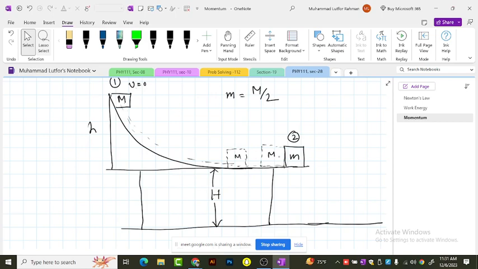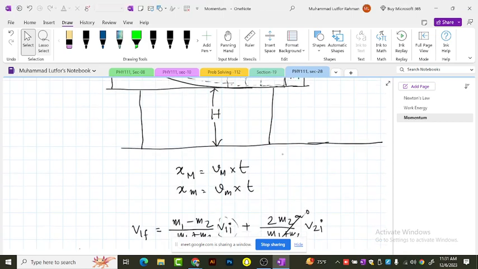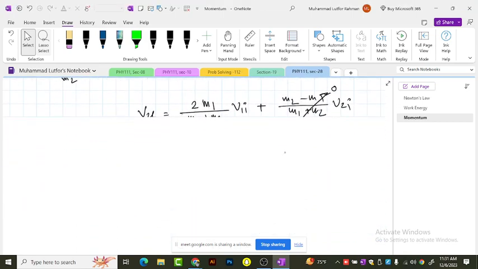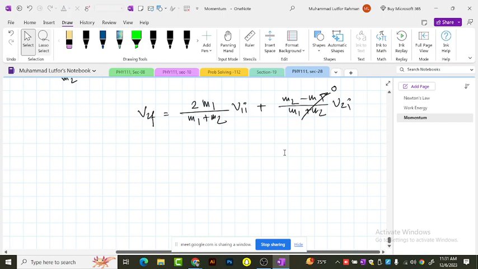Yes sir. That should be the vi, the initial velocity of the system before the impact. Meaning, sir, after coming down? Yes, exactly, because that would be the velocity at which it will strike the smaller mass, or m2.